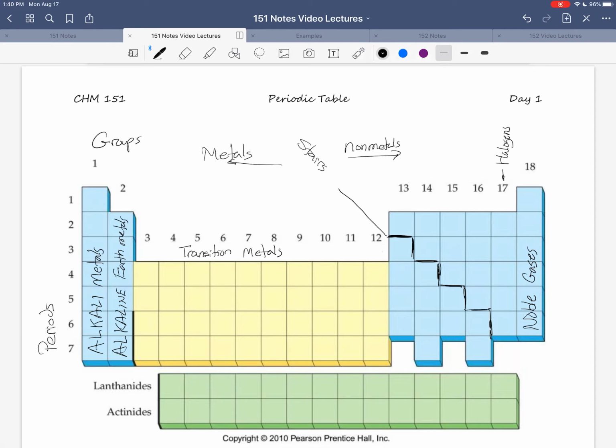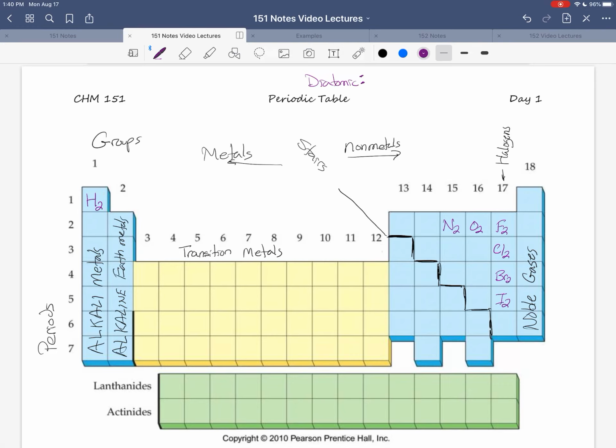All right. Now, there are 7 elements that we really care about that are diatomic: H2, N2, O2, F2, Cl2, Br2, I2. So these are diatomic, which means 2 atoms together. And you guys probably know O2, diatomic.